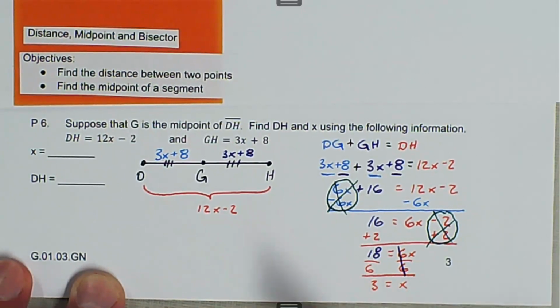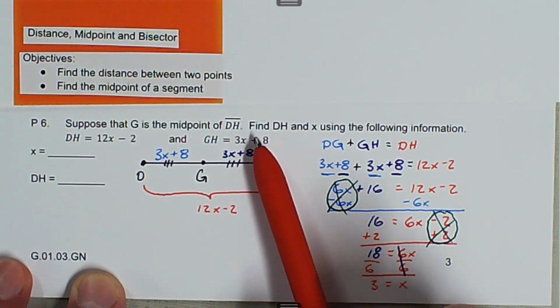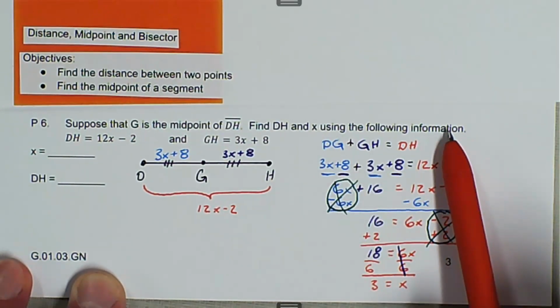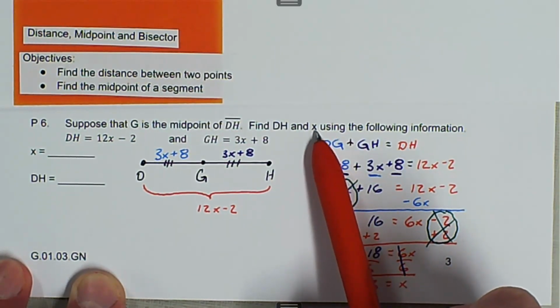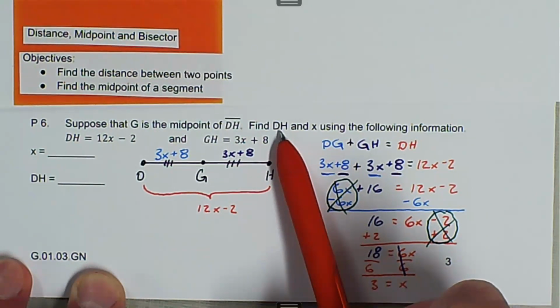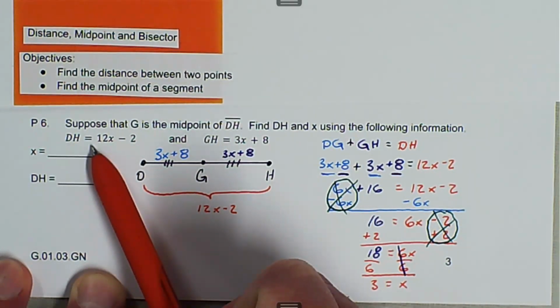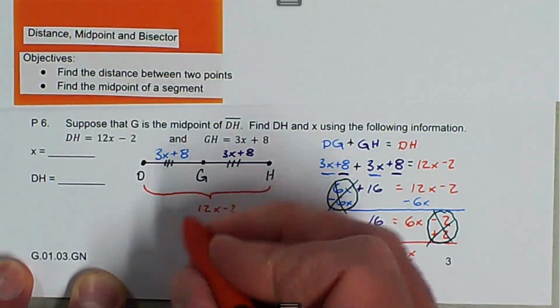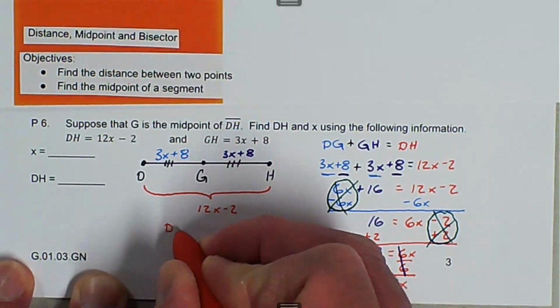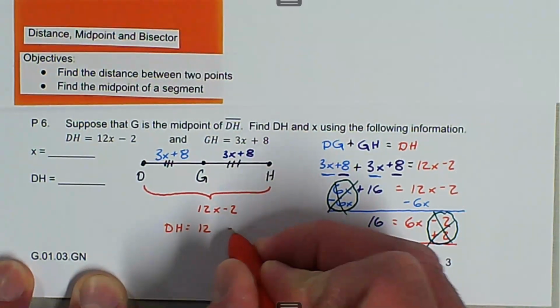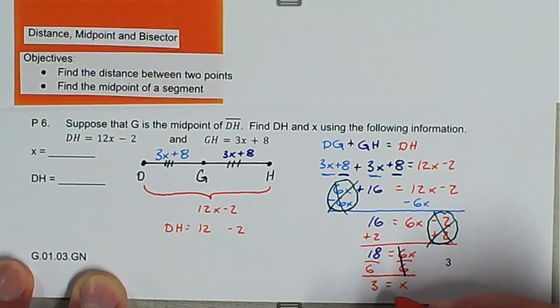So look back at our question. It says, please find DH and x using the following information. So we found x. Now we have to find DH. So DH, the equation is right there. So DH is equal to 12x minus 2, and we said that x was 3.